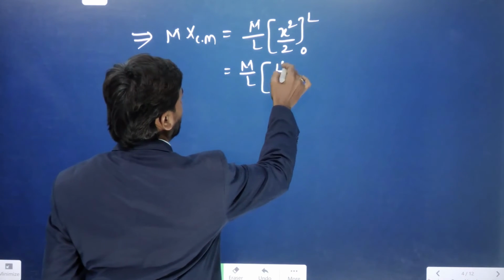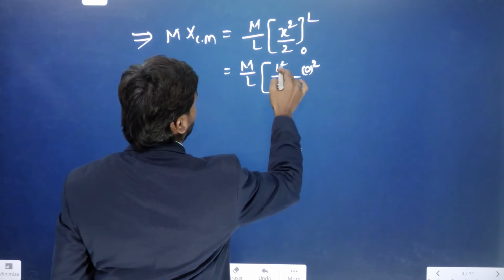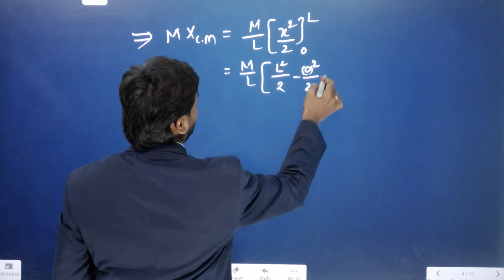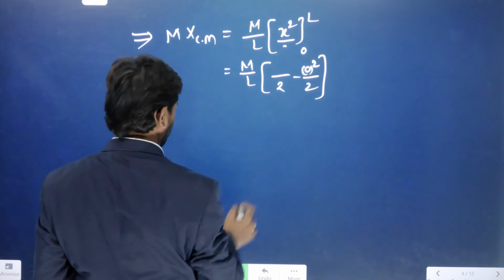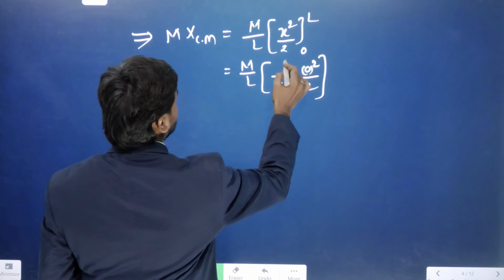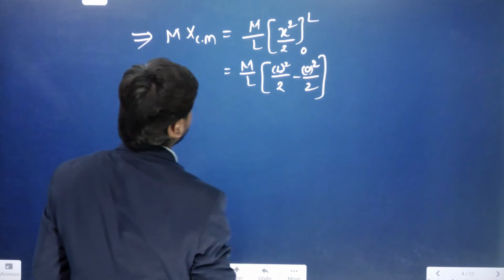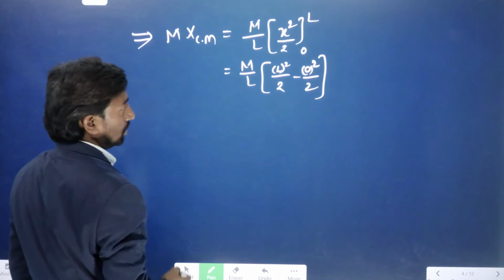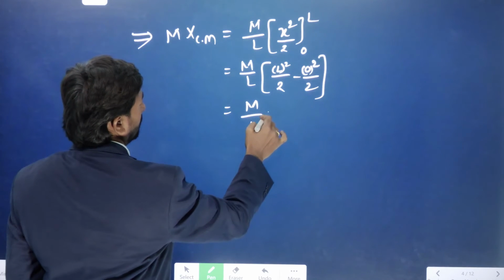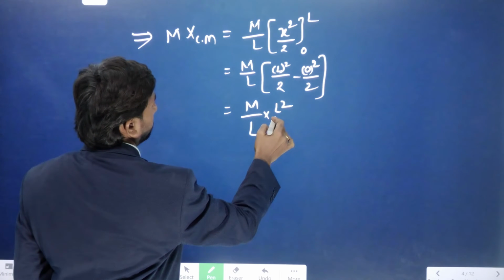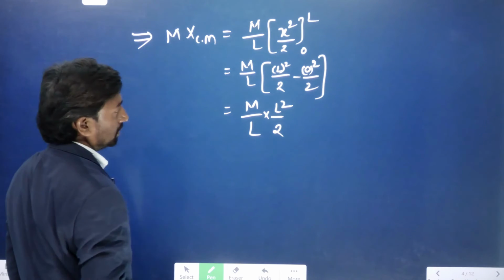So we will get L square by 2 minus 0 square by 2. 0 by 2 will be 0 only, so we get m by L into L square by 2.